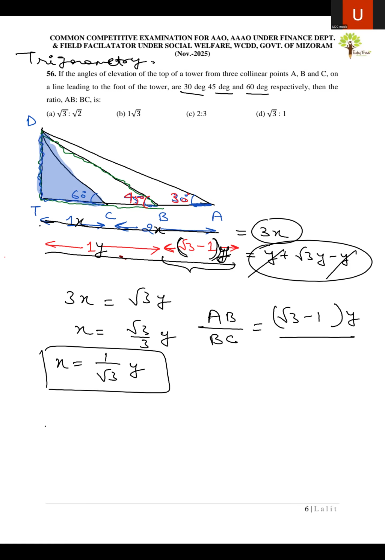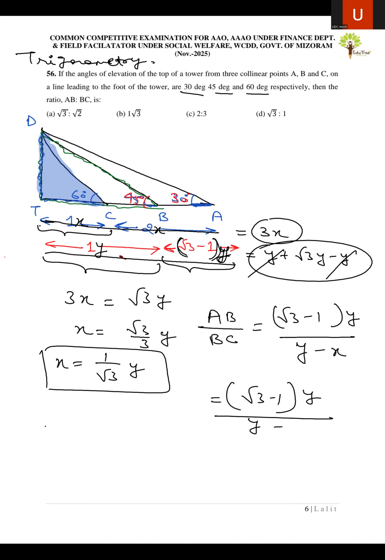How do we get this BC? If you subtract this 1x from 1y, so we can say y minus x, we'll get this BC. So root 3 minus 1 y divided by y minus x. X value put here, we'll get 1 by root 3y.